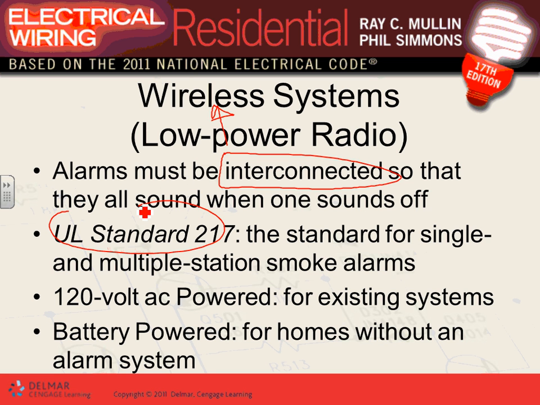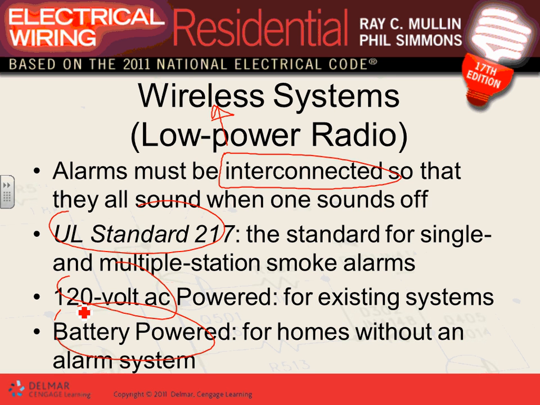Wireless technology. You can power it with 120 volts or batteries for existing systems. Typically the rule is you have to have two sources of power, but for existing buildings, you might not have that; the building is already there but there's no smoke detector. So they allow you to have battery smoke detectors everywhere, and you can interconnect them.